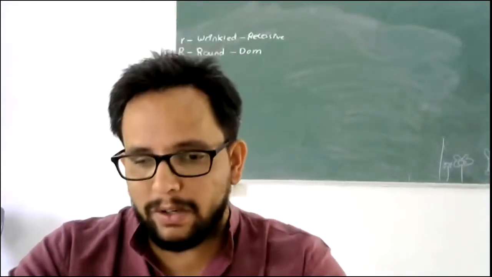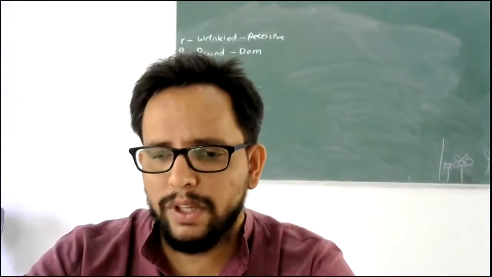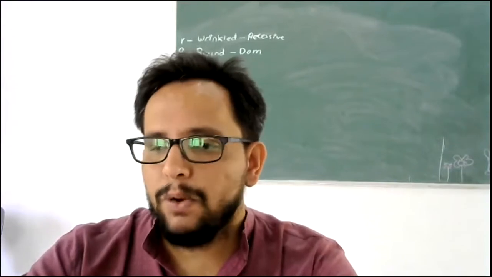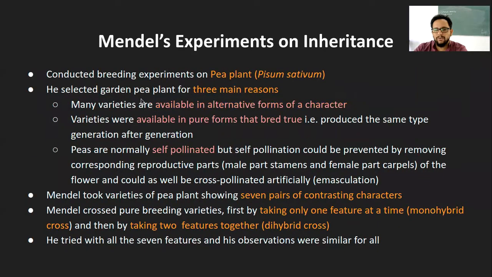So with respect to Pisum sativum, there was also this presence of the pure breed, and that was the second reason why Mendel chose this particular variety. So first was alternative forms of the character. That means for one character, seed shape, seed color, or whatever it is, there were two different forms available and not many.